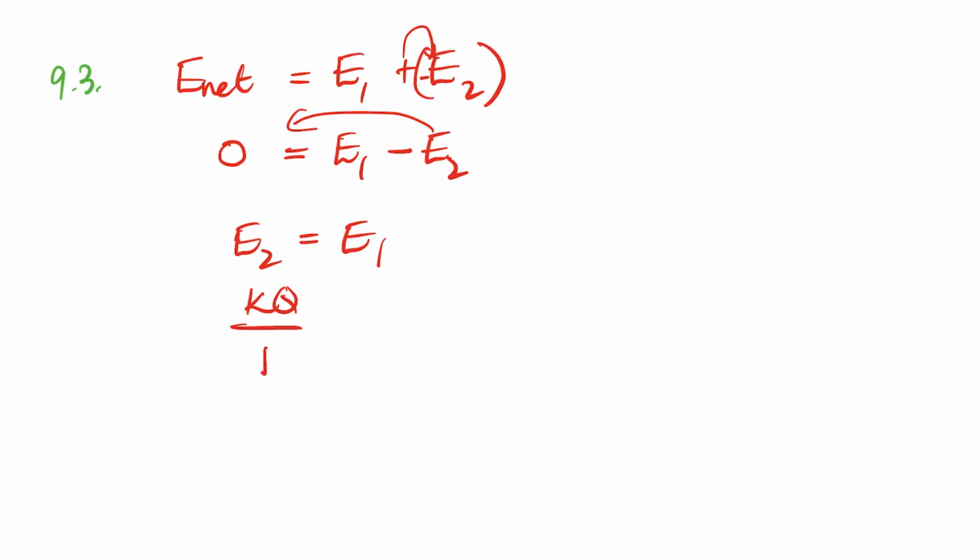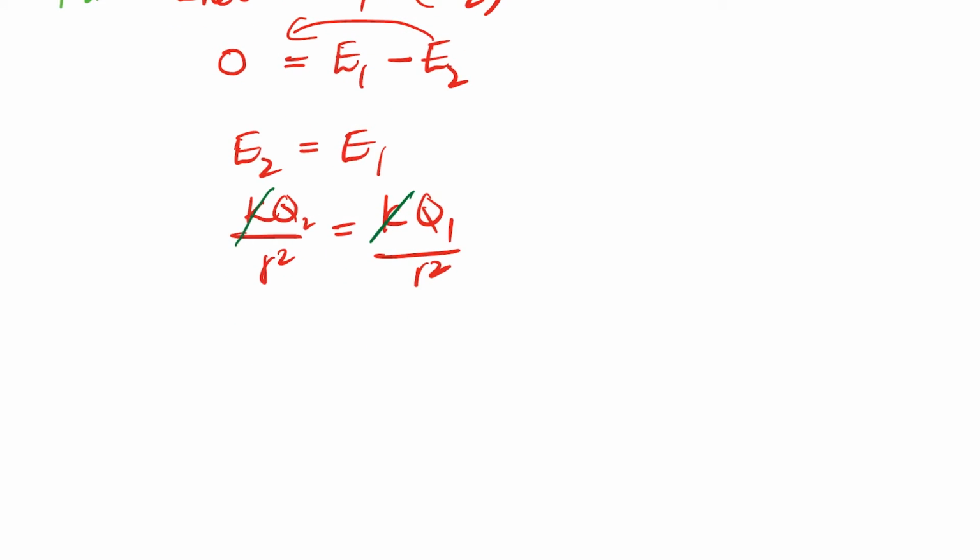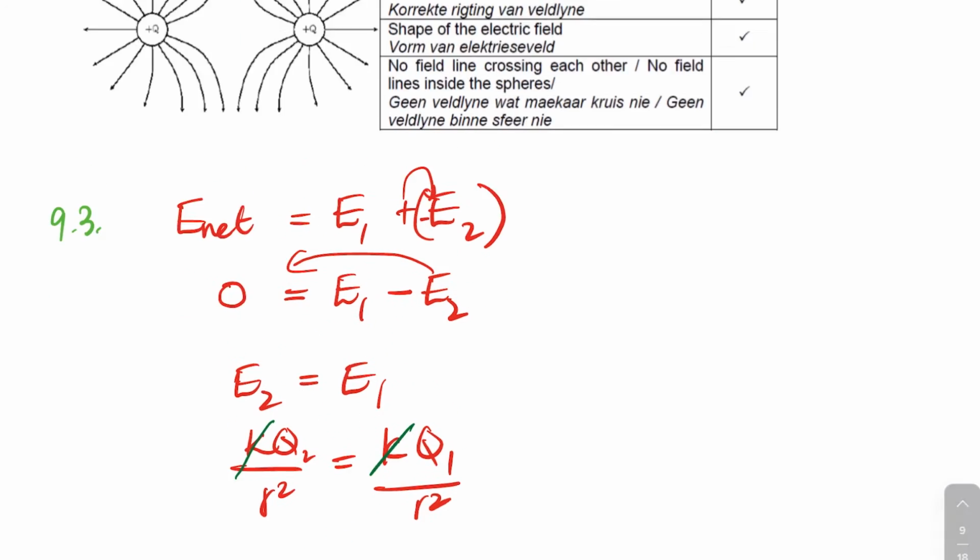kQ2 over d squared equals kQ1 divided by r squared. So guys, if your net is equal to 0 all the time, the k's you can cancel them. So you'll be left there with the Q2. What is Q2?